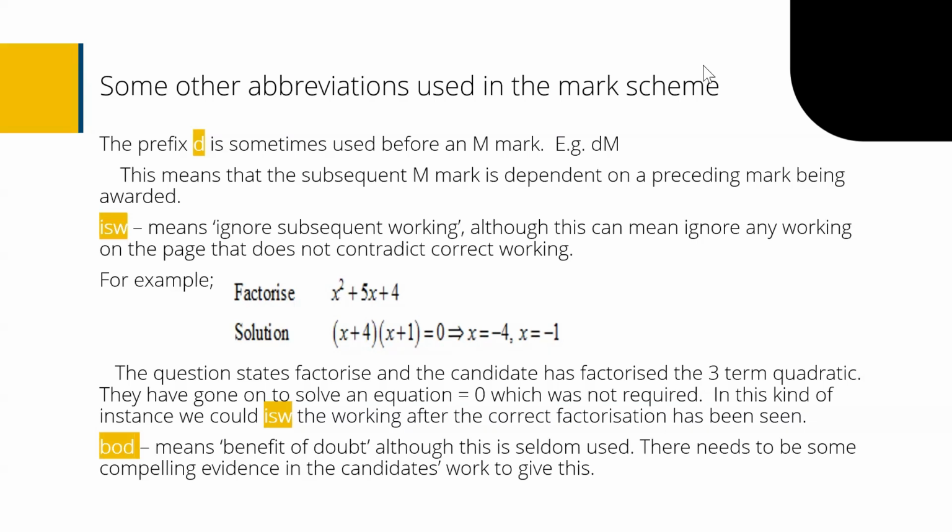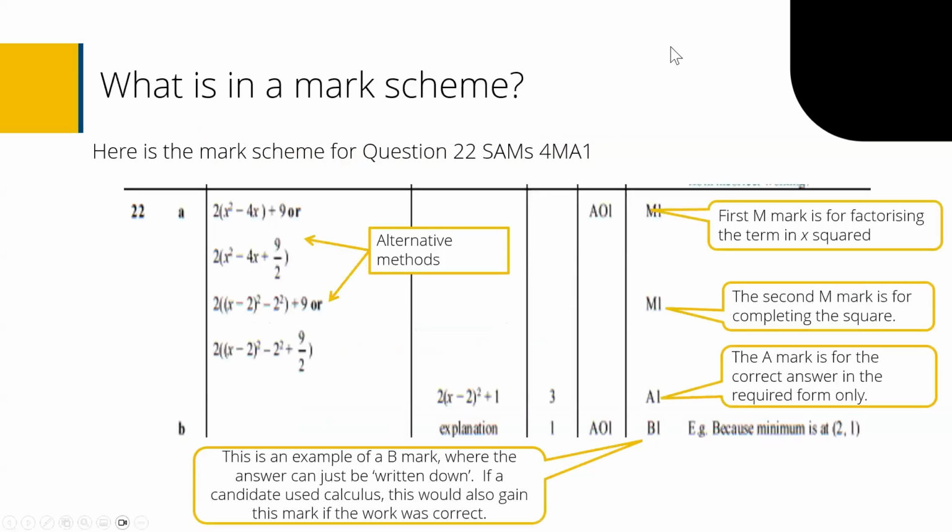And if we look at the mark scheme of question 22, you can see the M mark there. The first M mark is for factorizing the term in x squared. We then have alternative methods, where, if you see my mouse where it says 'or', the second mark would be completing the square, and finally the A mark is for the correct answer, where you can see that A1 there.